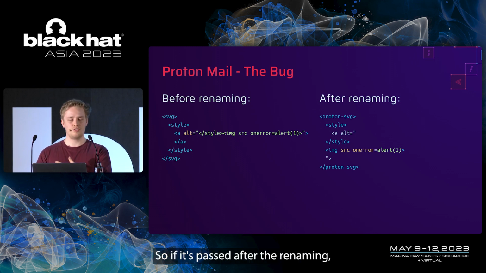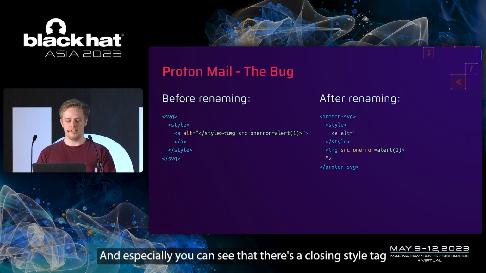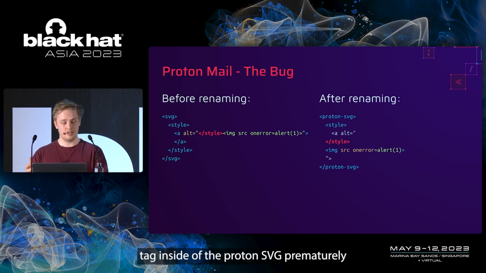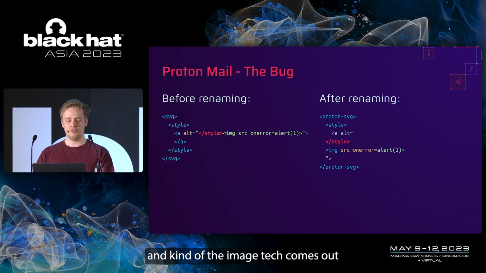If it's parsed after the renaming, you can see that it's parsed differently. Especially, there's a closing style tag that's now closing the style tag inside of the proton-svg prematurely, and the image tag comes out, and the error handler would be executed and execute JavaScript.